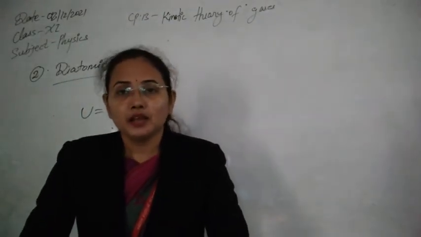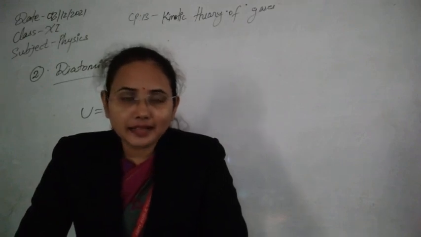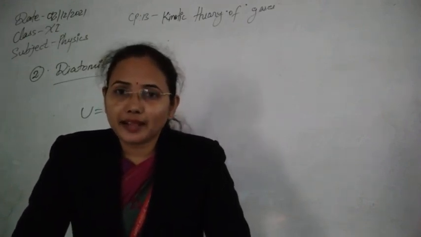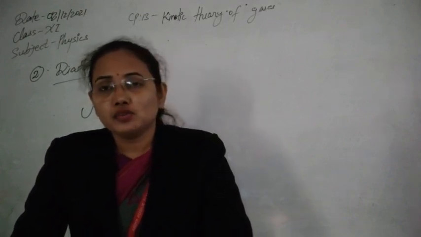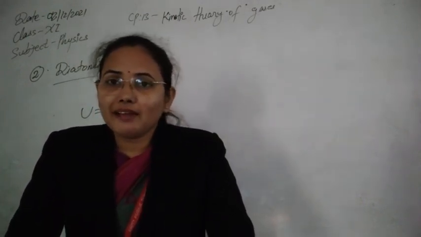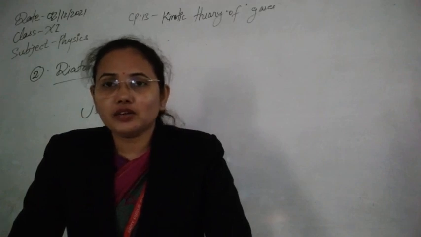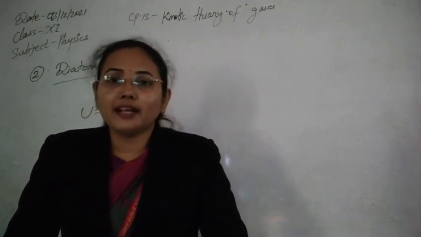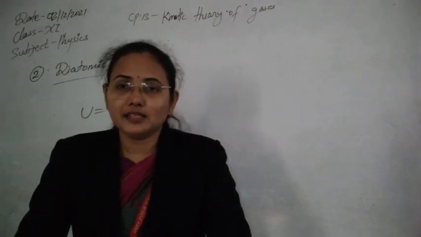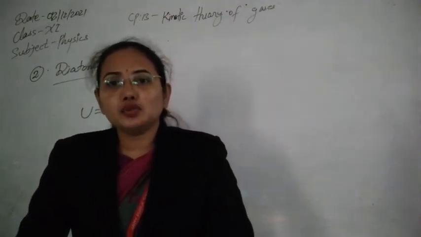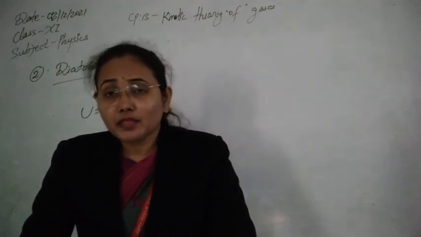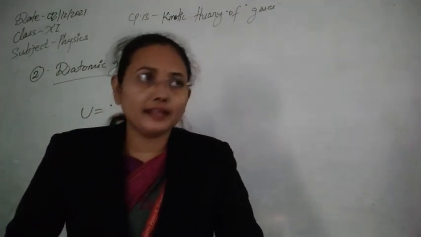Why am I saying this? As you know, according to kinetic theory, the gas molecules are always in motion. They never come to rest, so they have only one kind of energy, that is kinetic energy. Their internal energy is wholly kinetic, not even partially potential.